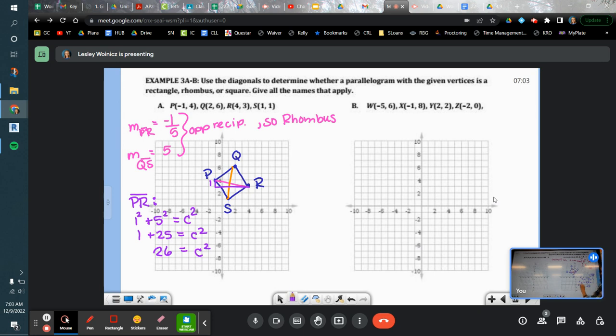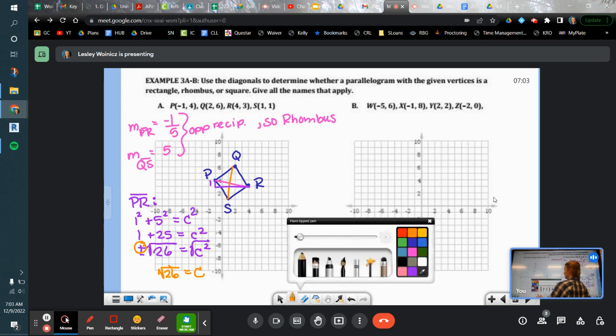Square root both sides. Two values make this true, but I'm in geometry looking for a length, so I want the positive one. So I want the positive square root of 26 for my C. 26 has no perfect square factors, so that's already simplified.